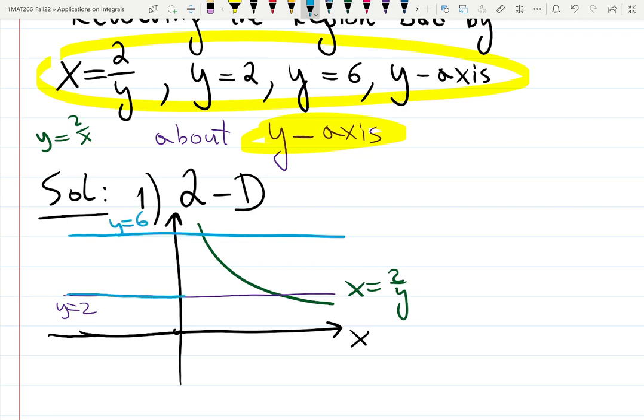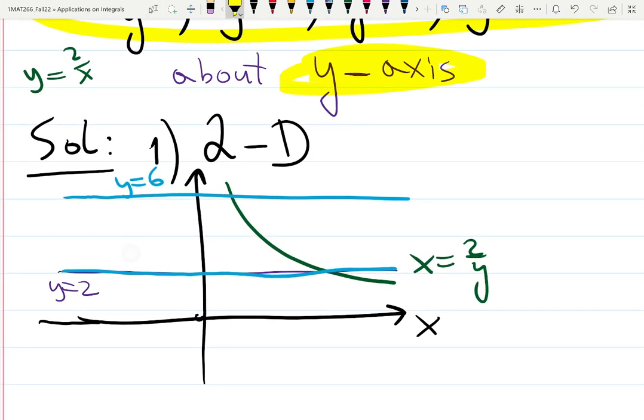Let's make them the same color. Do you see the 2D object created? Here's the area bounded by, or enclosed by. There are lots of English synonyms you'll see in the homework and in the book: enclosed by, region enclosed by, bounded by, restricted by, and so on. Region, area, and so on.